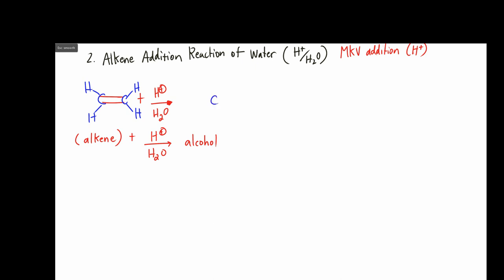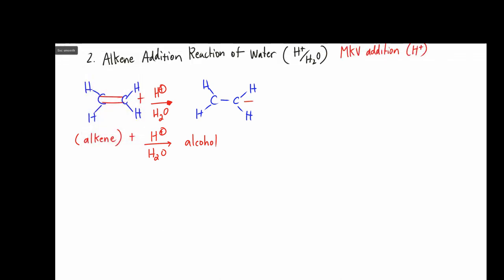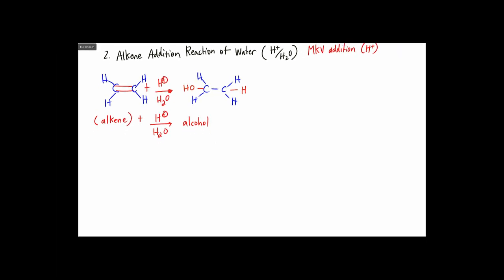So your product is going to be this. Your H plus, one H is going to go there, and on the other side, you're going to have an alcohol. Or you're going to add OH to the other side.